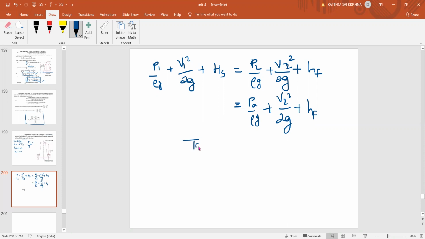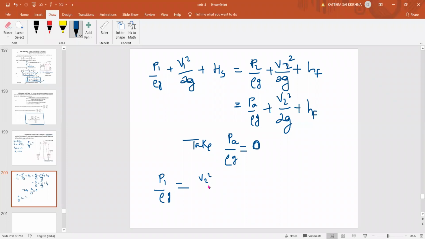So take PA by rho g as 0. If it is 0, then we can find P1 by rho g. So P1 by rho g equals these two terms minus these two terms.